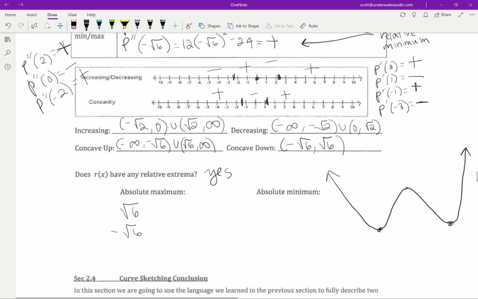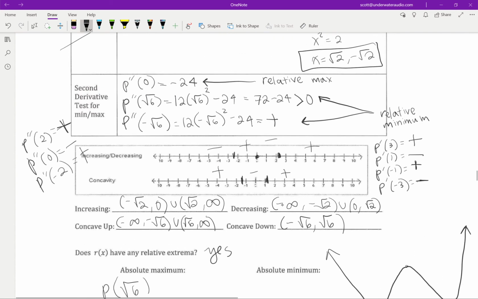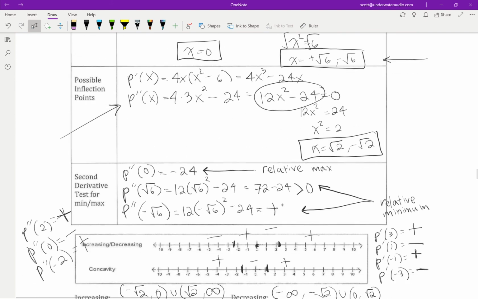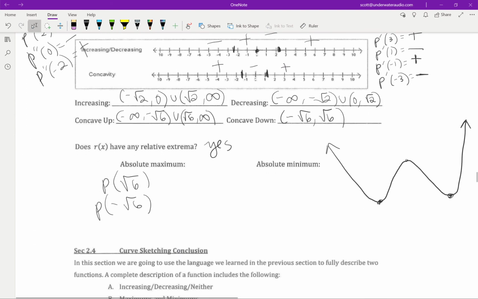Okay, to figure out which one is actually the smallest value, I'm going to plug it into my original equation, which was x squared minus 6, all of it squared.